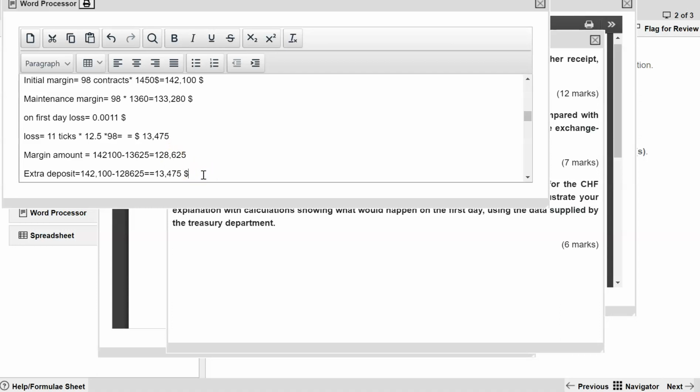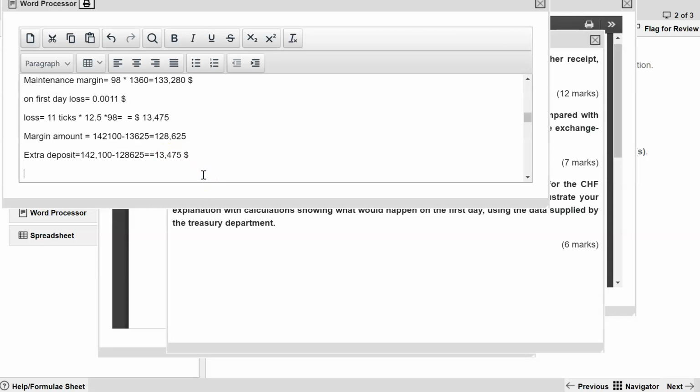Guys, in some exchanges, there is a rule that you should deposit the extra amount so that your margin will be at least equal to the maintenance margin. In some exchanges, you have to redeposit the amount so that your total margin will equal the initial margin.